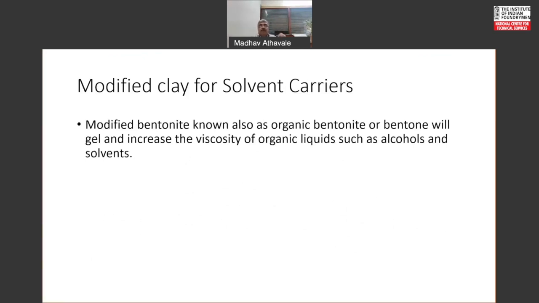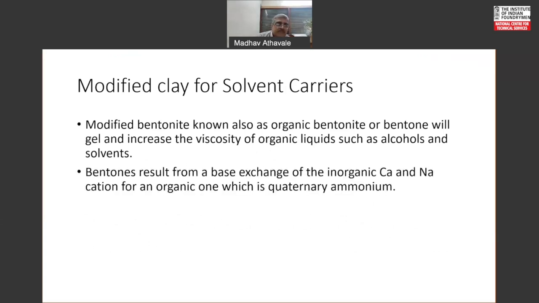Modified bentonite known as organic bentonites or bentones, they gel in the organic liquids such as alcohols and solvents. Bentones result from base exchange of inorganic calcium and sodium cation for an organic one, ammonia.